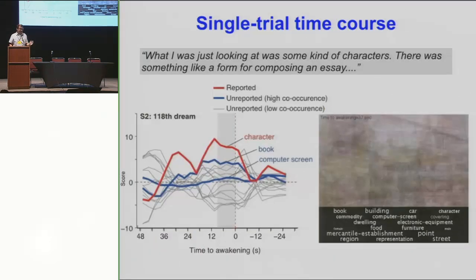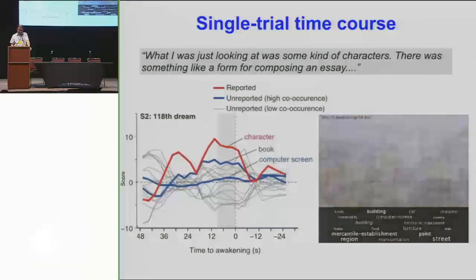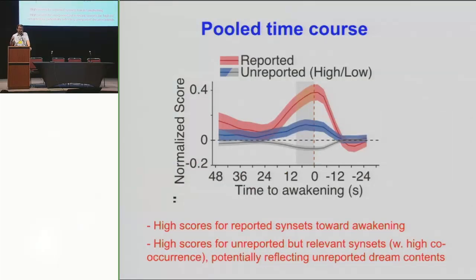For instance, in this example, book was not reported explicitly, but it's related to character, right? And it tends to have a high score.